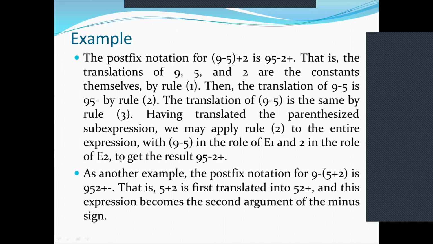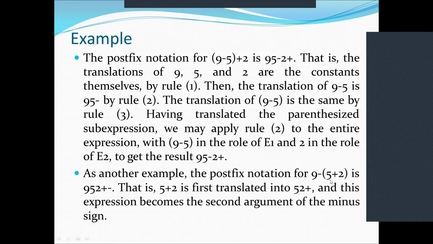Similarly, in another example, we'll see how the same expression's postfix notation changes because the parenthesis has been changed. Here 9 - (5 + 2) has the 5 + 2 in parentheses. Because it is bracketed, the parenthesis will be operated first.